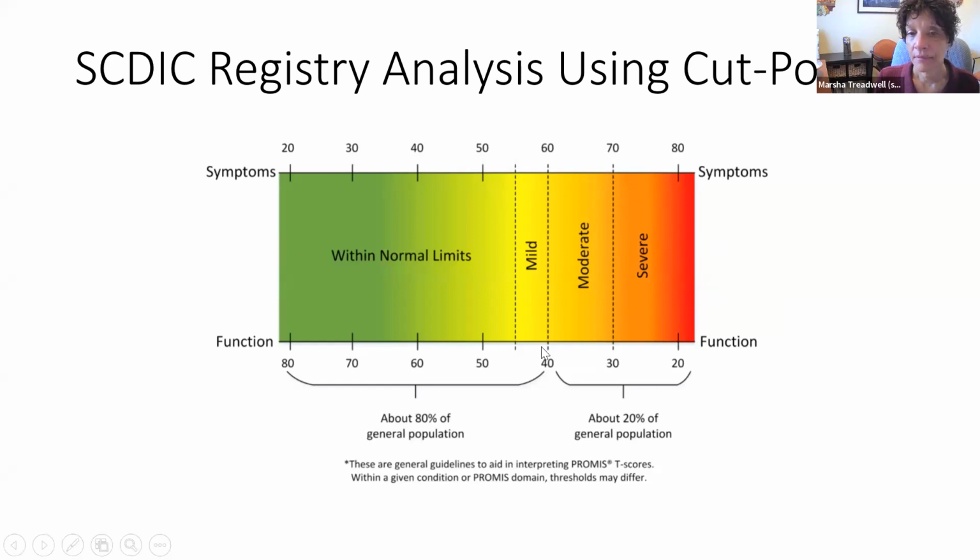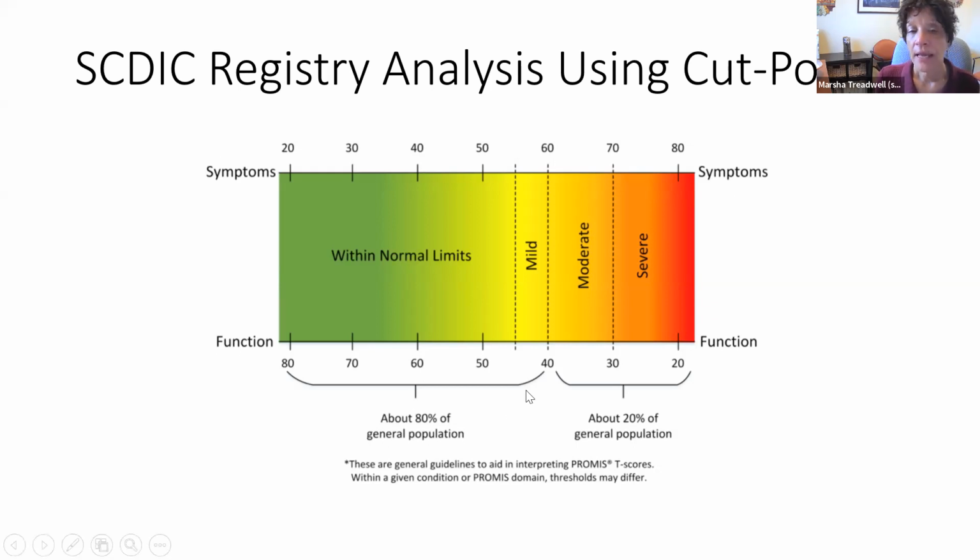In terms of function, the measures are scored in the opposite direction, so if you're 1 standard deviation below the mean, that still means worse function. It is moderate or severe, depending on whether it's 1 or 2 standard deviations below. That applies to some of the measures such as cognitive function and fatigue.